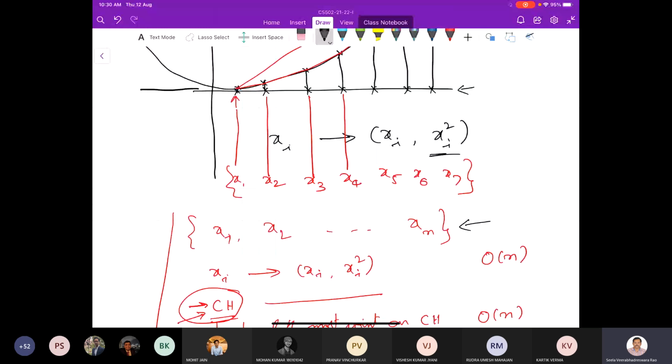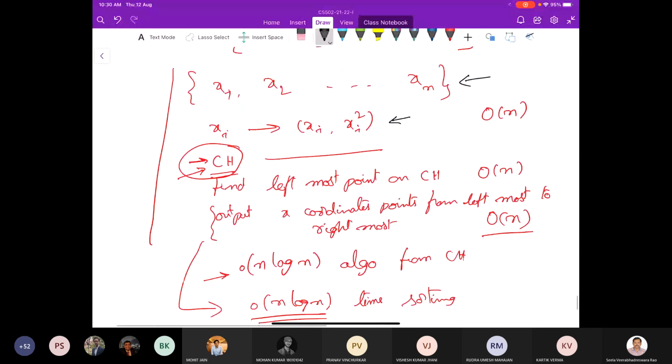In other words, we are mapping each one-dimensional point into a two-dimensional point like this. So then we are finding the convex hull of these points.